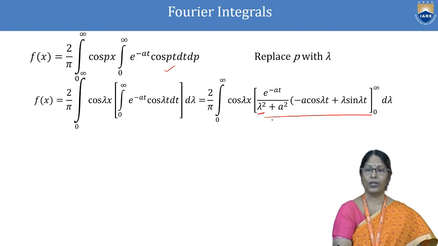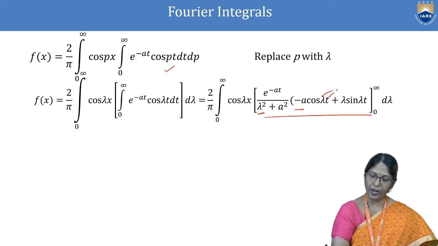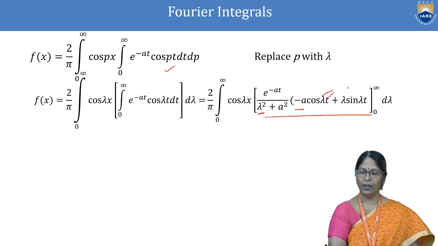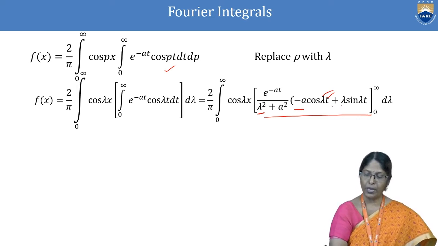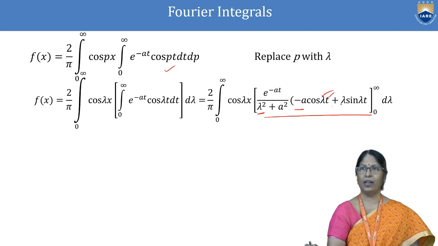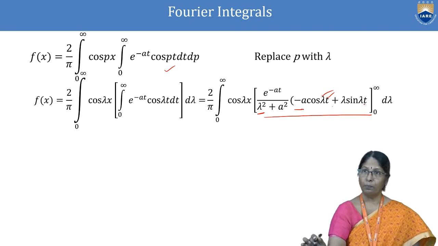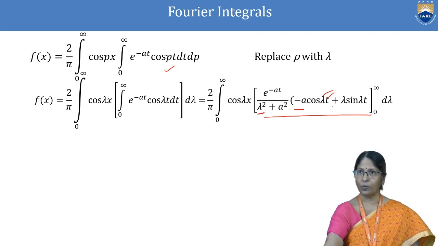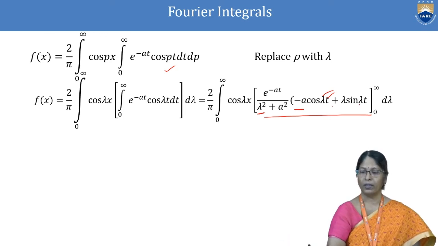So lambda square plus a square. Then a cos bx, our problem a is minus a, but our b is lambda, and the integration is with respect to t. Plus b, our b is lambda, sin bx according to the formula, but according to our problem lambda t, from 0 to infinity.